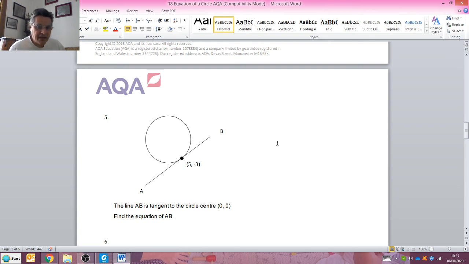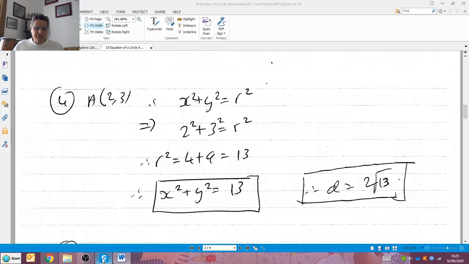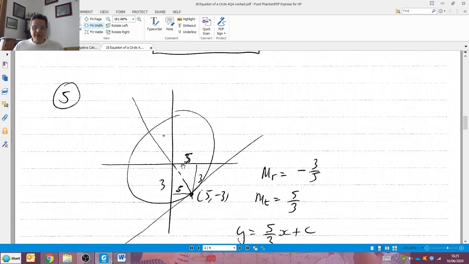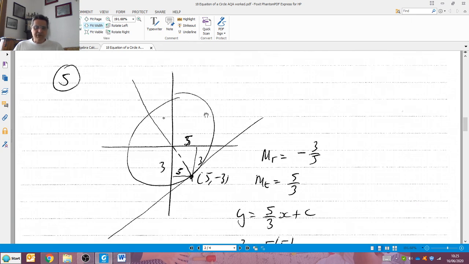Anyway, find the equation of AB. All right, let's go for it. Find the equation of what? AB, yeah, the tangent, cool, let's do it. So here's question 5. So this is me drawing a crude picture. Very, very crude. So here's my big circle. I've introduced my grid, so it looks right, and this is my tangent touching the point 5 along, 3 down.